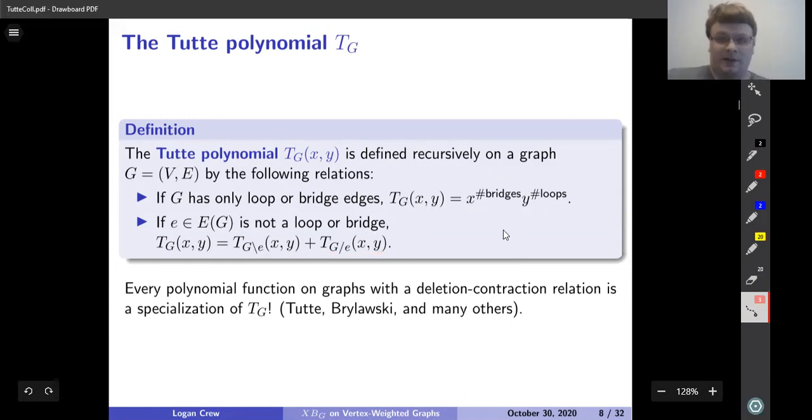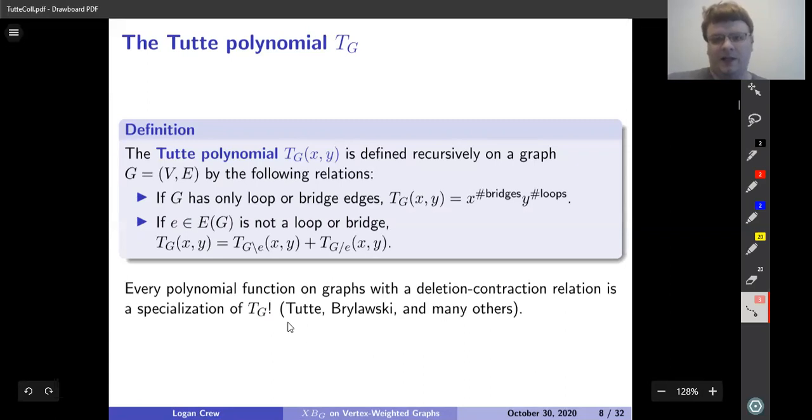One reason the Tutte polynomial is so nice and so well studied is that every polynomial function on graphs that's multiplicative on connected components, which makes sense because for most functions you would do connected components independently, and that has a deletion-contraction relation that's linear, has to be a specialization of the Tutte polynomial.